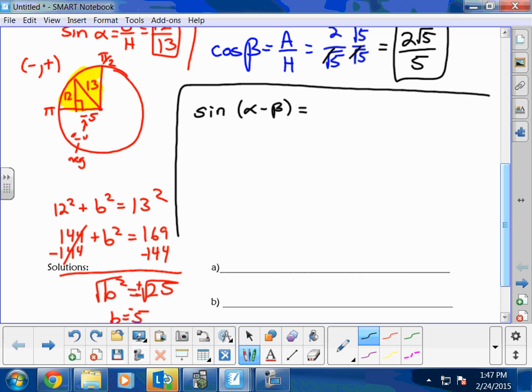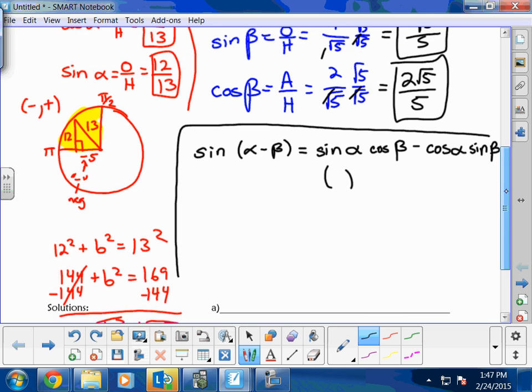You bring out your green sheet and you look for the identity that is in reference to that. So sine alpha minus beta is going to be sine alpha times cosine beta minus cosine alpha times sine beta.